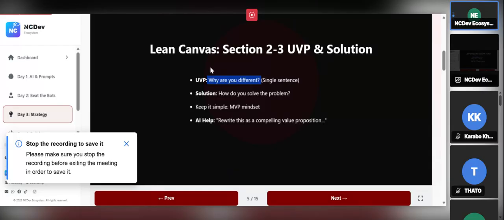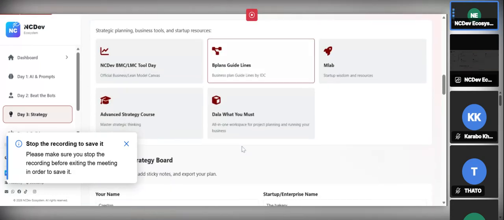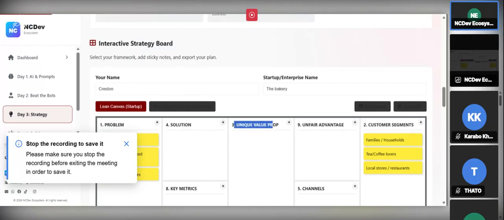So what makes you different from that bakery? Are you doing the same thing? If you are doing the same thing, why must I come to your shop? Why can't I just go to that other shop, right? So what makes you different?